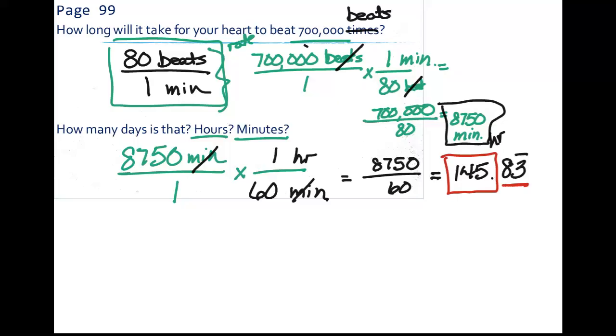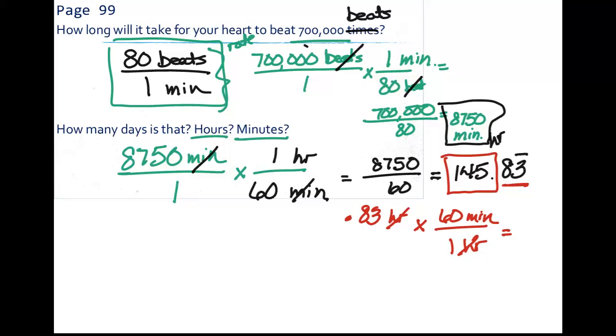I want to take that 0.83, which is in hours, and multiply it by 60 minutes in an hour, so the hours cancel out. Take 0.83 times 60.